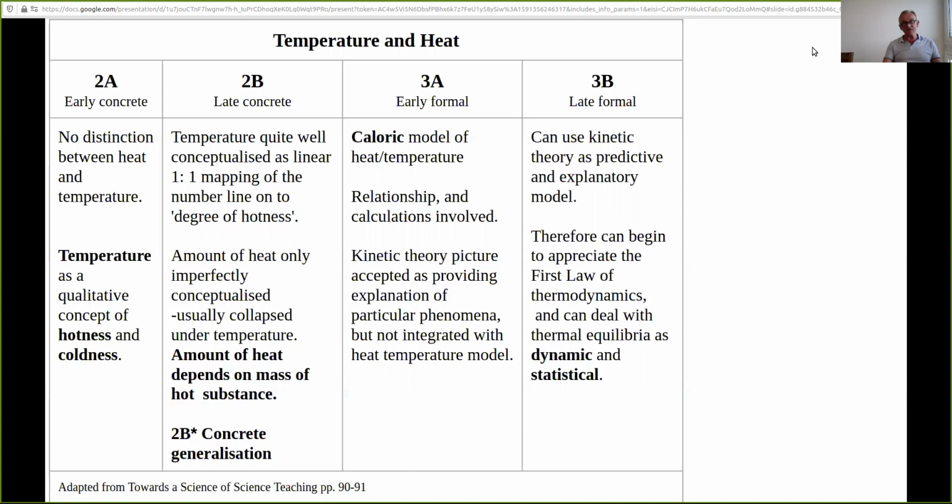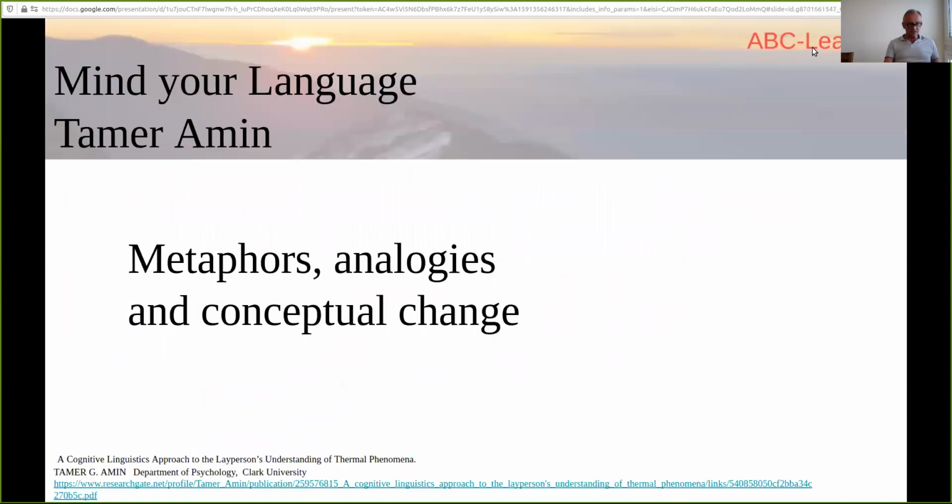The misconception that many students have of heat as substance or cold as substance, that many I've taught have, and all the way through to pushing them using the language of dynamic and statistical kinetic theory. Now, a big influence on my thinking in this as well was Tamer Amin from the American University of Beirut.